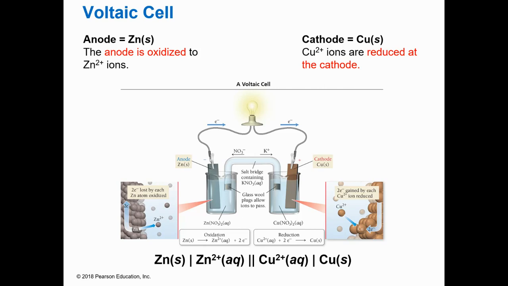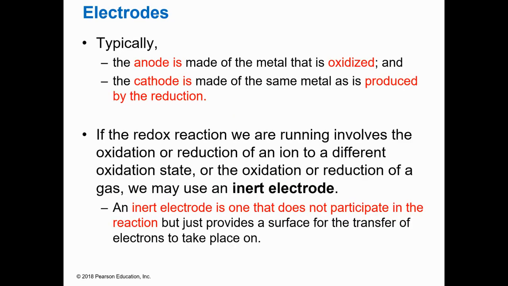You're not going to have to write them like this, but you are going to need to be able to go from the cell notation and understand what's happening. So the anode is, again, oxidized, that cathode is reduction. And just so you know, there are electrodes that are inert, and that just doesn't participate in the reaction.